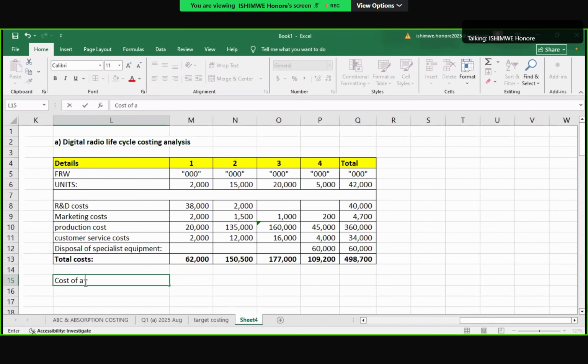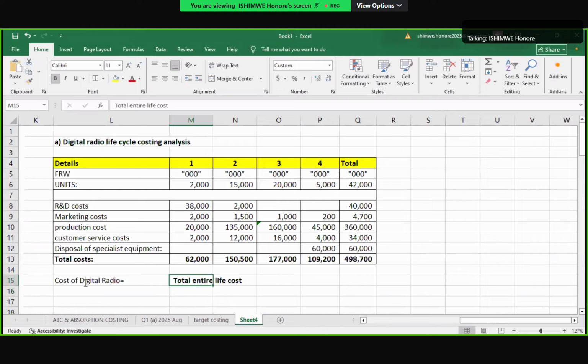Cost of a digital radio. Total cost. Okay, total entire life cost, or total life cycle cost. Then I will divide it.